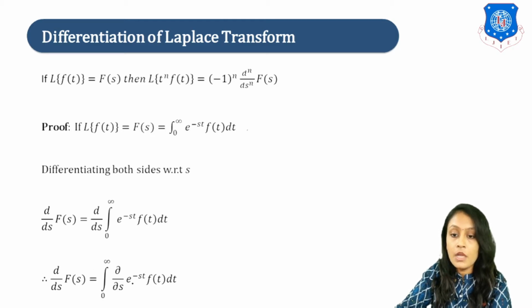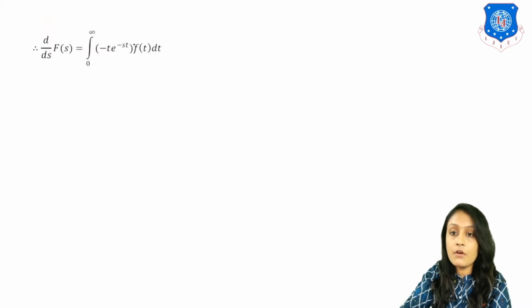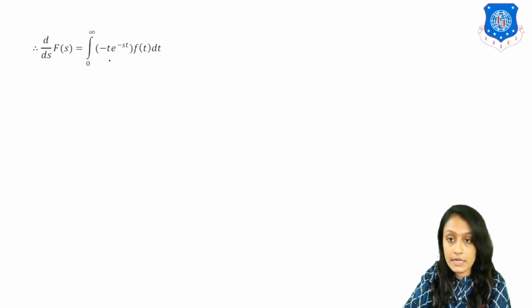Okay, now what we have to do, we have to find the derivative of this term with respect to s, and we will keep t as a constant. Okay, so derivative of e raised to minus st will be e raised to minus st into minus t. Why? Because t is constant and we are differentiating with respect to s, and this f(t) dt as it is. Okay, now just simplify this.